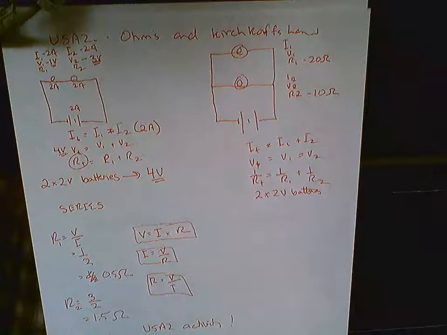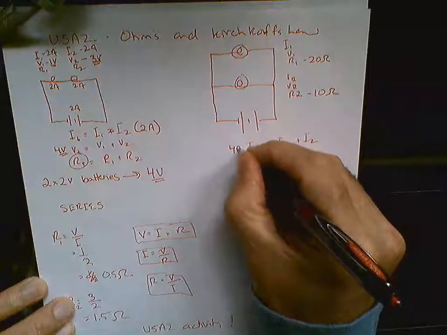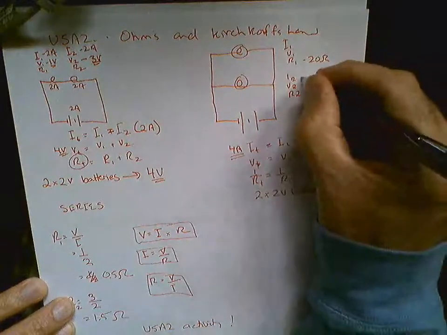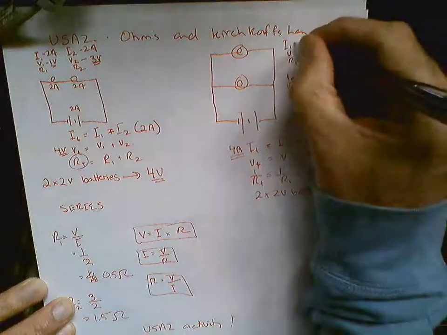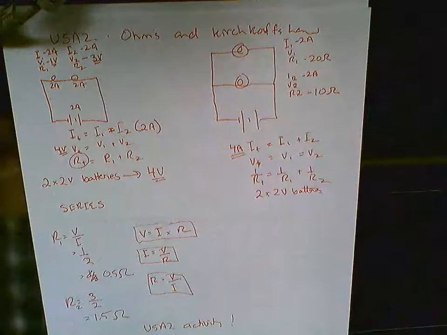I'm showing you how to use them, and this is the stuff you're going to get on the test. So let's say that we have a 4 amp system. That means that we would have 2 amps and 2 amps because the amperages have to split.